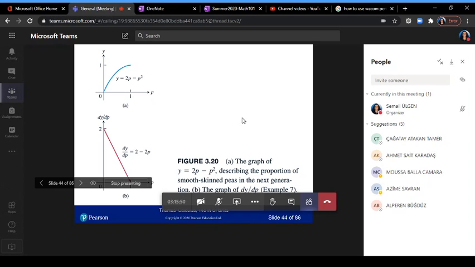I think this is about a problem, example 7 in the book, and probably this graph tells you the proportion of smooth-skinned peas in the next generation. It shows the proportion.